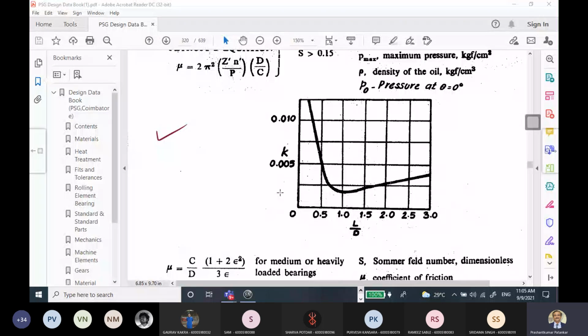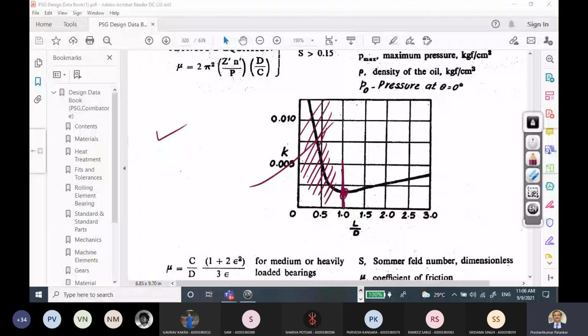This graph is divided in two parts. In the graph on the left side, the lowermost region is called your boundary region.